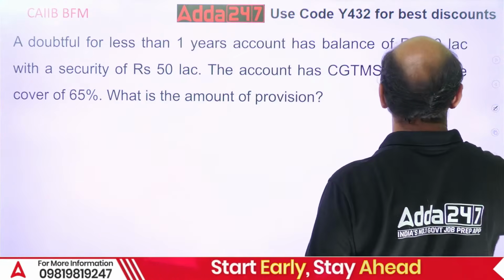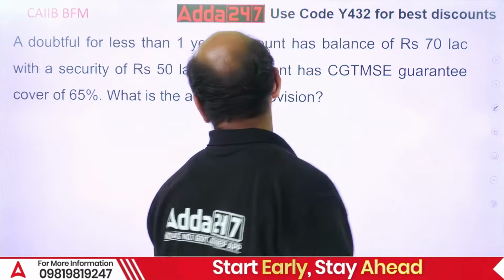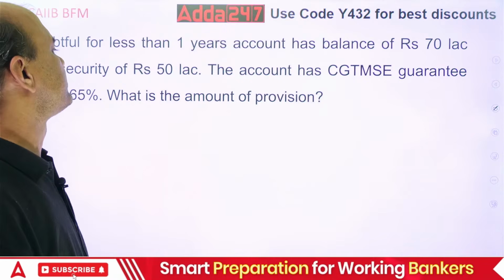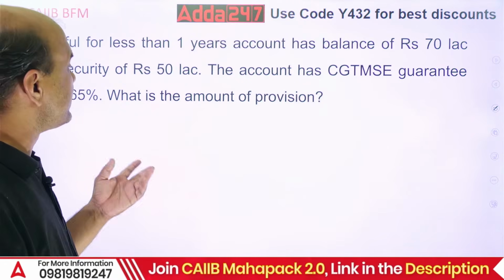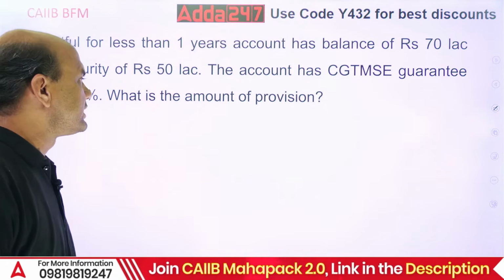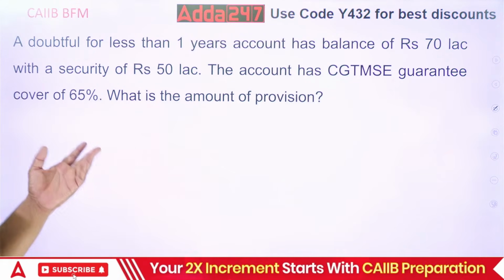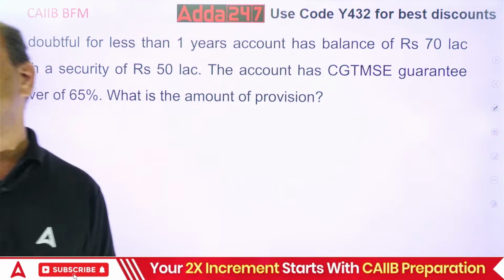Got it? A doubtful asset for less than 1 year account has a balance of 70 lakhs with a security of 50 lakhs. The account has a CGTMSE guarantee of 65%. What is the amount of provision? This you should be able to solve.